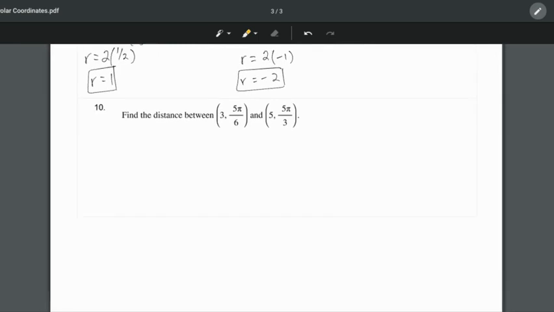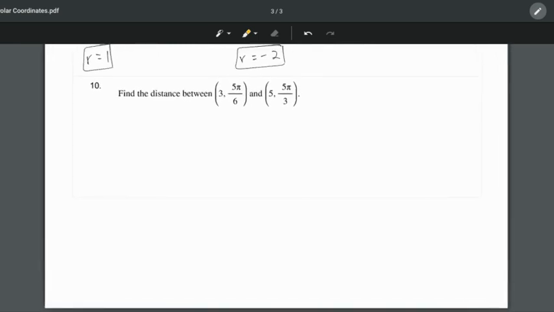And then our last example here, finding the distance between 3, 5 pi over 6, and 5 pi over 3. To do this, we're going to use the distance formula for polar coordinates.